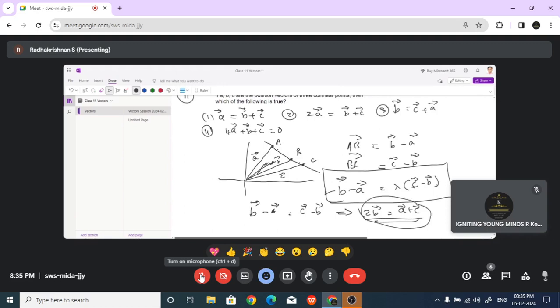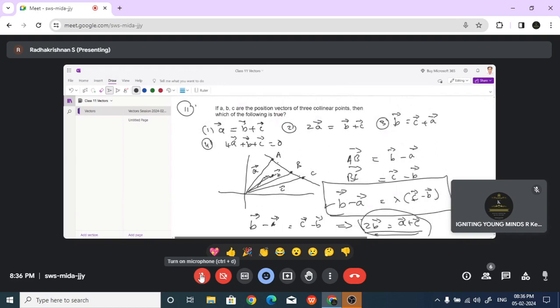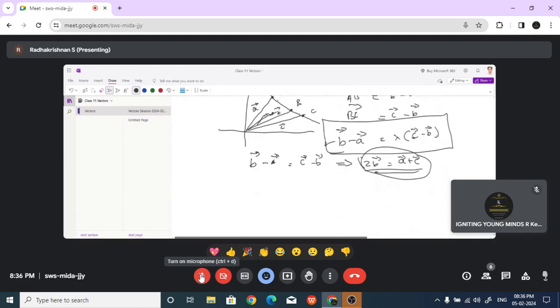Okay, this condition has to be satisfied. The others don't satisfy this condition. Okay. So this is option number 2, 2A equal to B plus C.